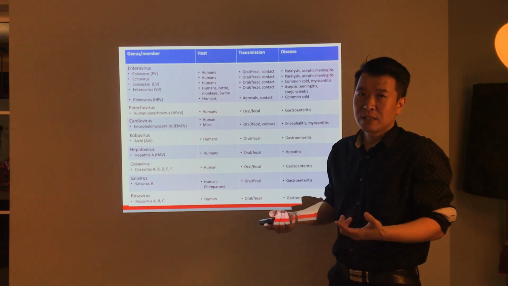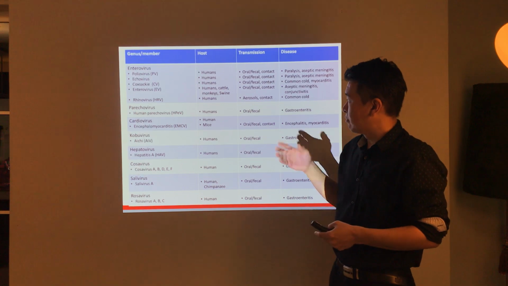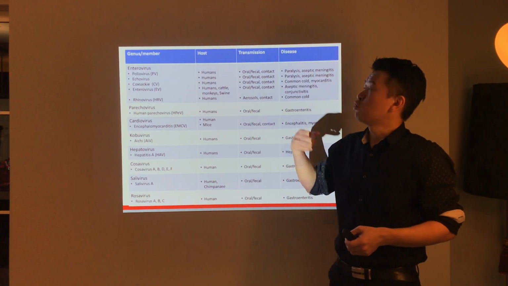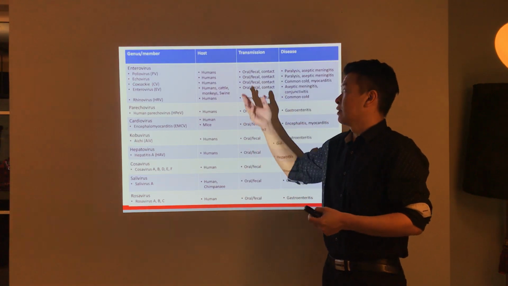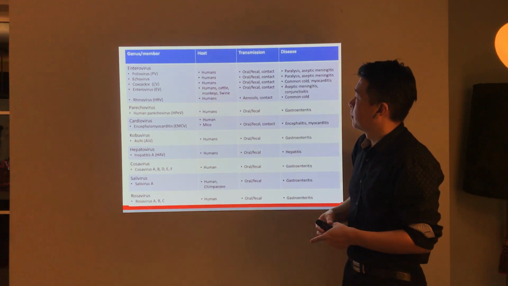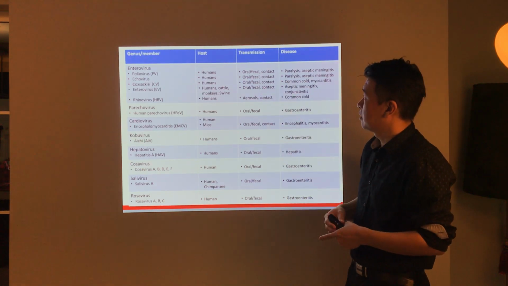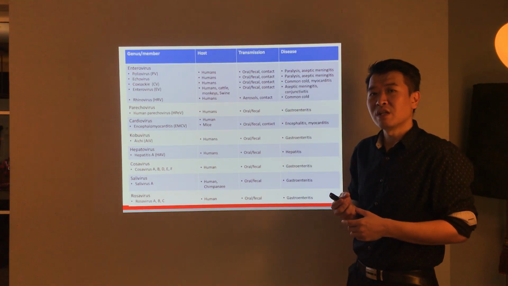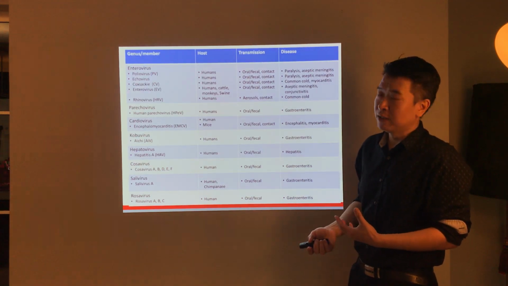So in the end, if someone is infected by the virus, it will be transmitted to the water, and if you drink it, then you will have the disease, and this is how it's transmitted. So personal hygiene is very important, especially after you have gone to the toilet.